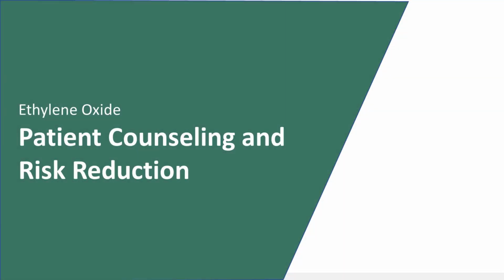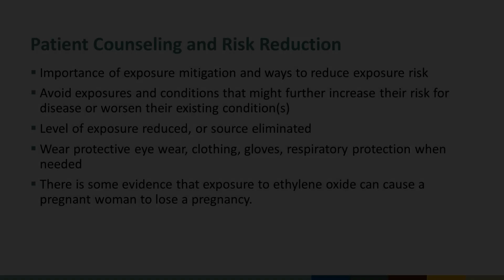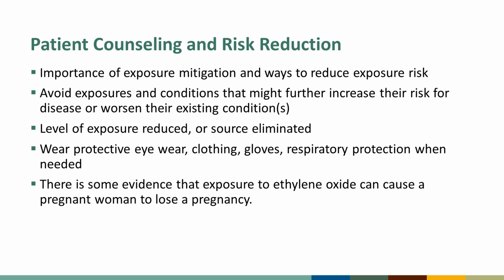Next, we will discuss aspects of patient counseling and risk reduction. Patient counseling on the importance of exposure mitigation and ways to reduce exposure risk would be prudent, along with instructions to consult their physician if concerns about exposure arise. Patients should be advised to avoid exposures and conditions that might further increase their risk for disease or worsen their existing condition or conditions.